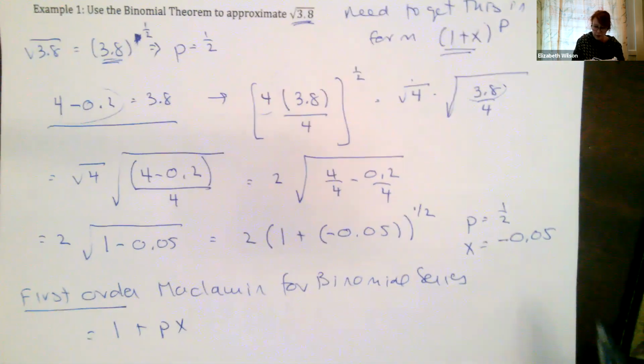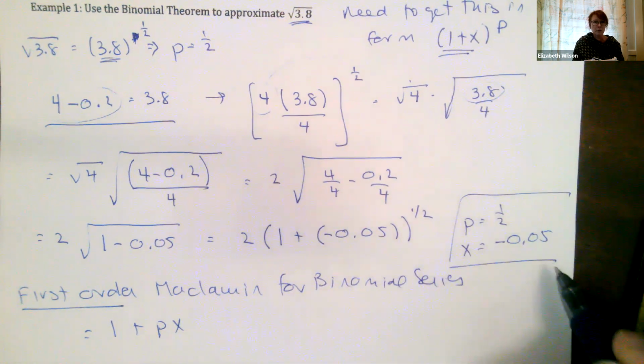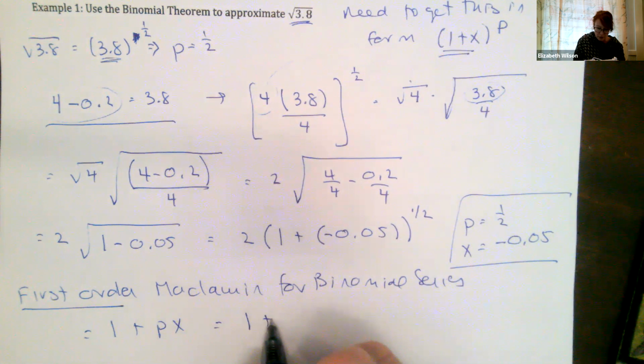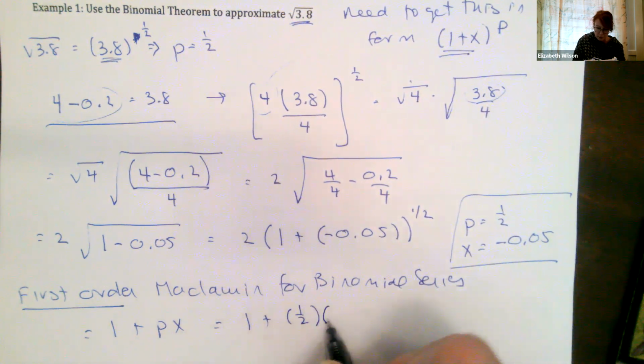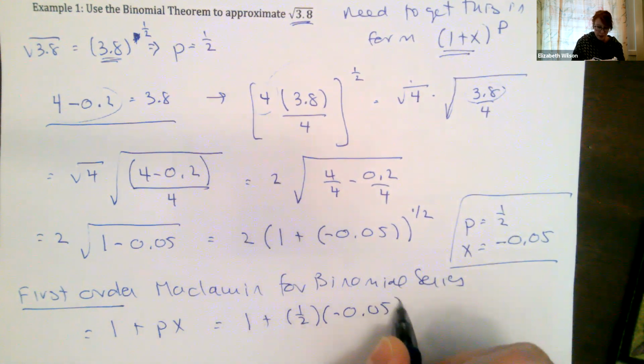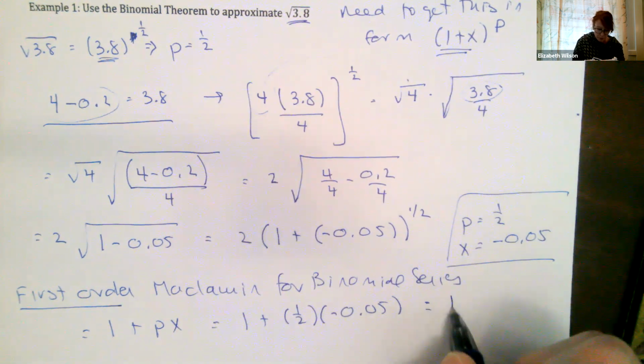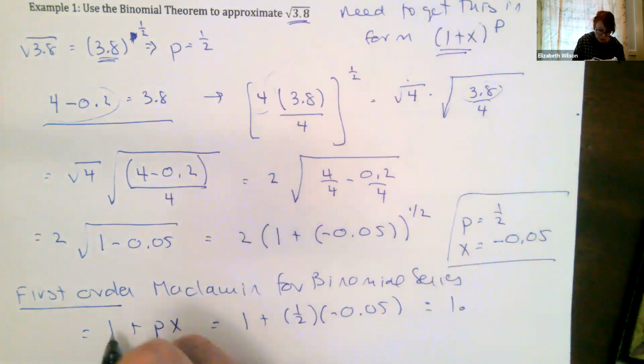Knowing that p equals 1/2 and x equals minus 0.05, I'm going to plug it in: 1 plus 1/2 times minus 0.05. And then what I get as an approximation for 3.8 is 1, oh, I'm sorry, I goofed because there was a 2.